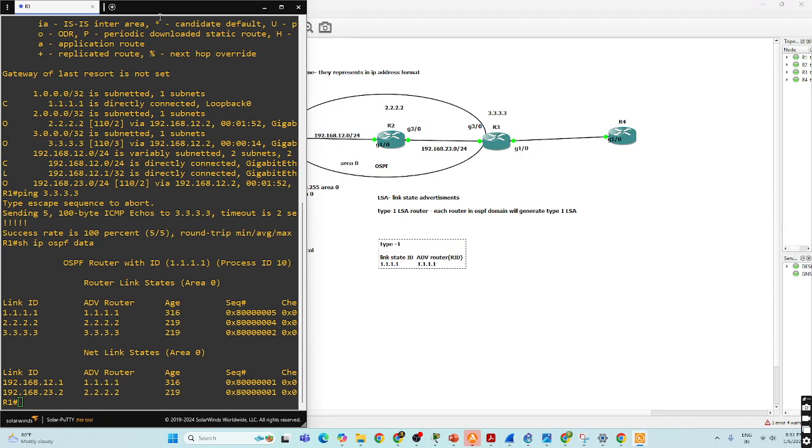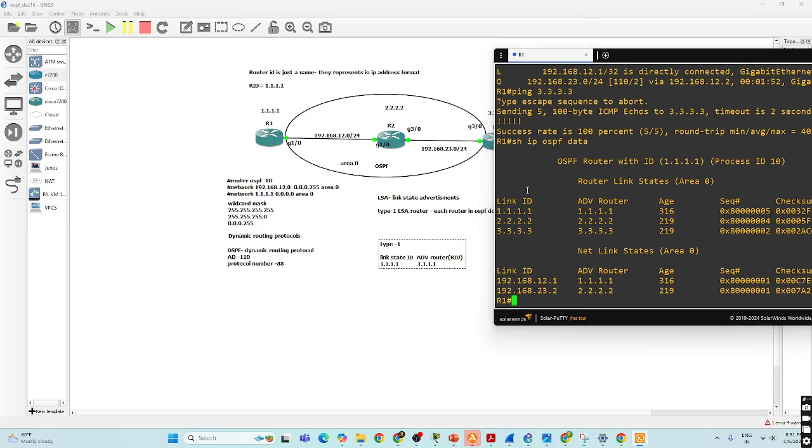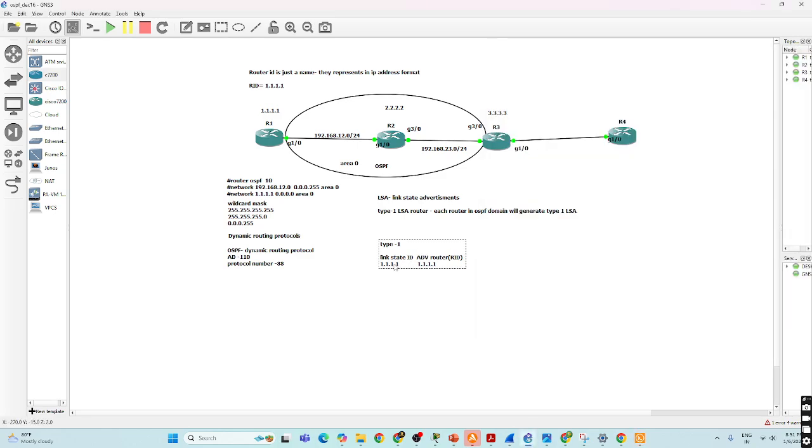If you see on R1, clearly this is the router LSA in area 0, router link state, type 1 LSA. You are seeing the link state ID is 1.1.1 and the advertising router is this.